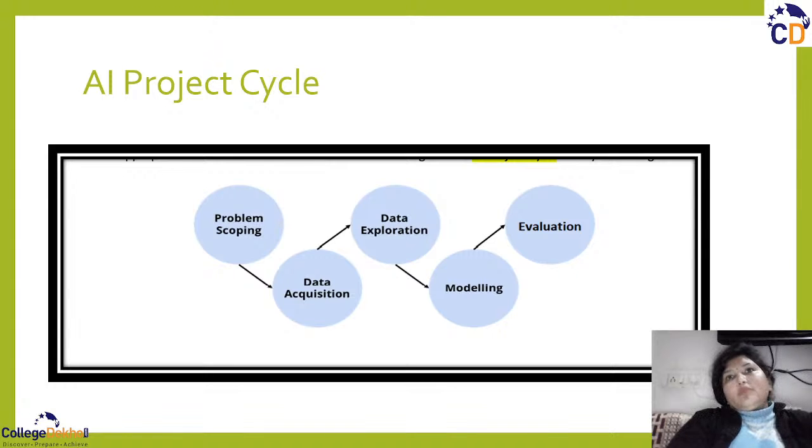So you need to apply different evaluation methods, right? Like we have accuracy, precision, or recall, or then you calculate your F1 score, right? So this is the complete AI project cycle which needs to be implemented while building any AI model, right?